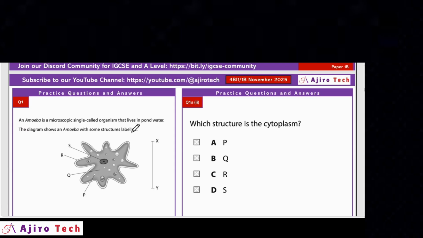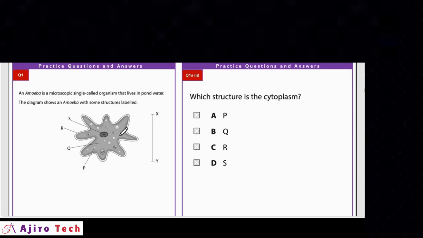Figure 2 is still about the same amoeba. Which structure is the cytoplasm? The cytoplasm is jelly-like in nature, and it looks like a fluid that flows. So cytoplasm flows.